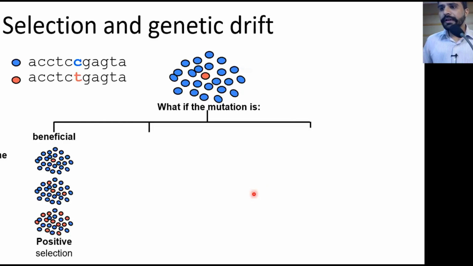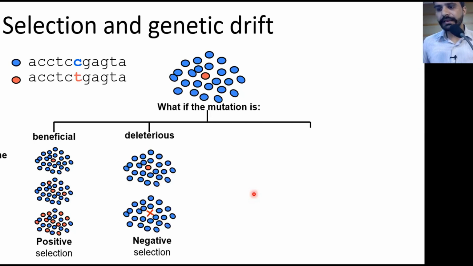So if there happens to be some mutation, it has different fates. It can be beneficial, and if it is beneficial, it will sweep into the population and become more populated in the population.